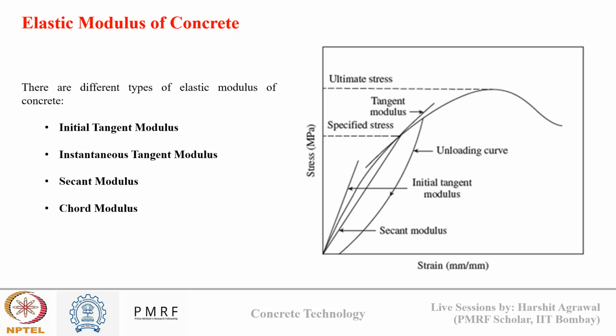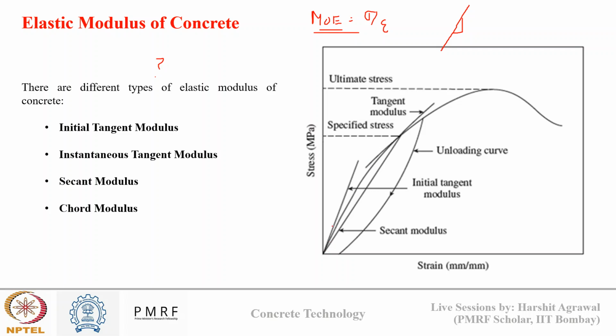Now since this behavior is non-linear, there can be multiple ways in which the modulus of elasticity of concrete can be estimated. We know modulus of elasticity is the ratio of stress upon strain. If it were a linear behavior, the slope of the line would define the modulus of elasticity.